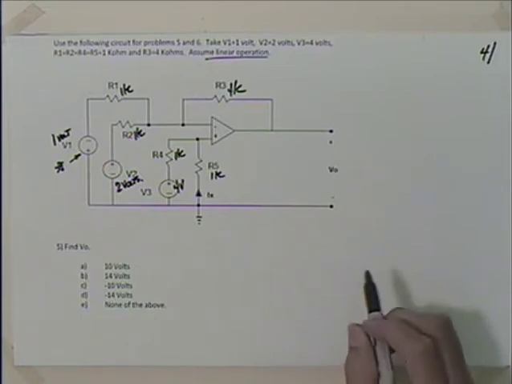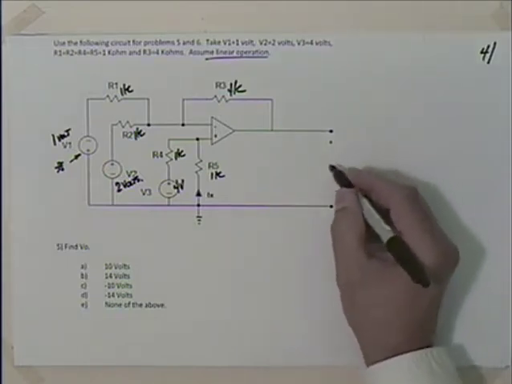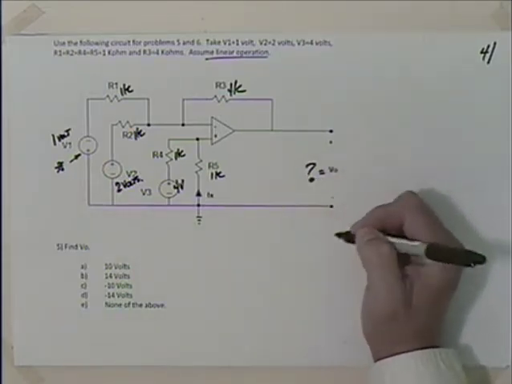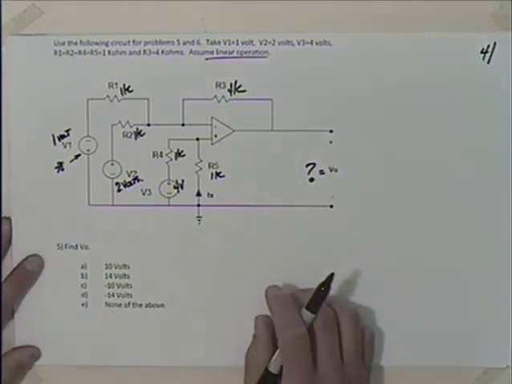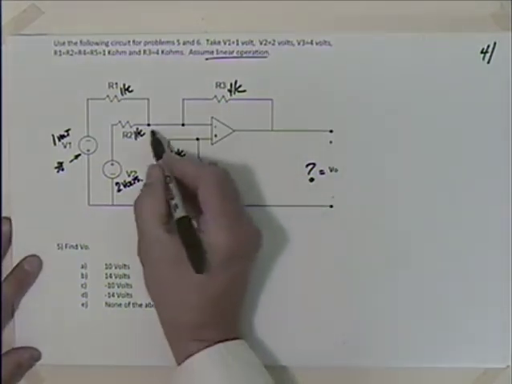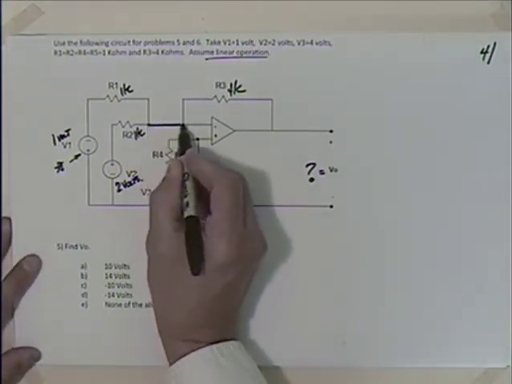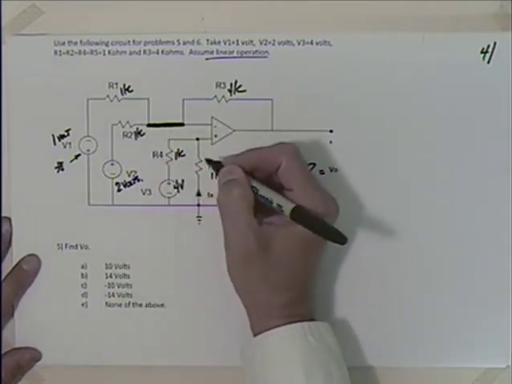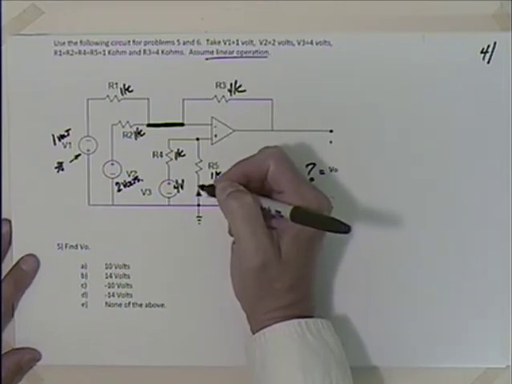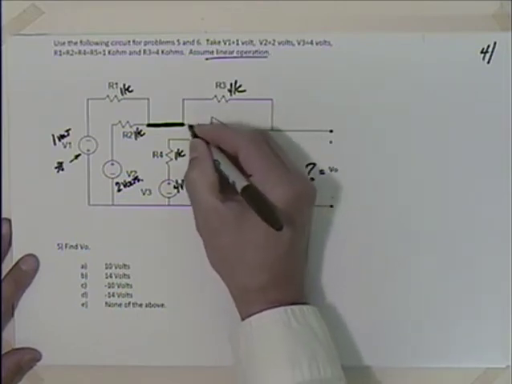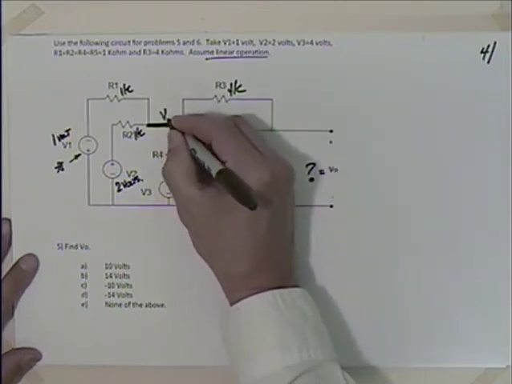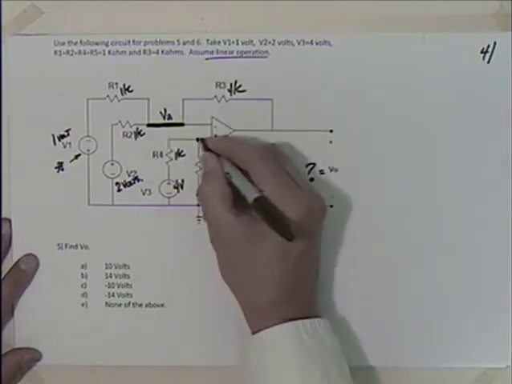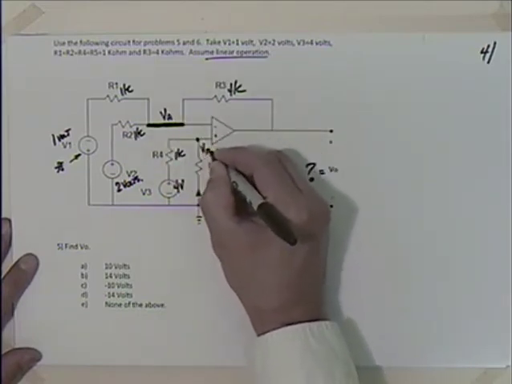So in doing this problem, the first thing we're looking for is to find V naught. And these problems always start the same. We look at this node up here. This is all the same point, isn't it? And I could take this as V1, which is probably not a very good designation for this, so maybe I'll call this VA. Maybe I'll call this VB.